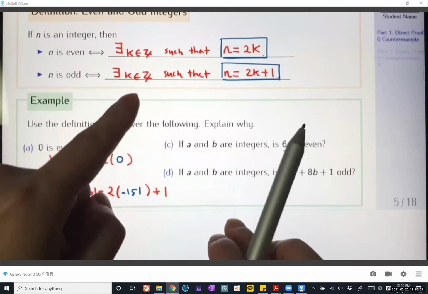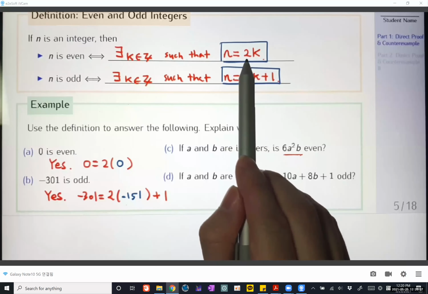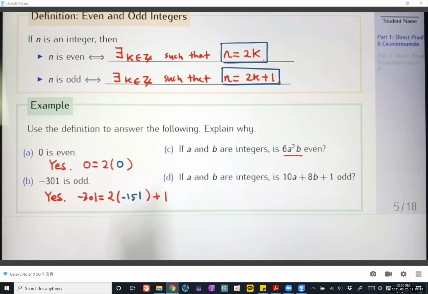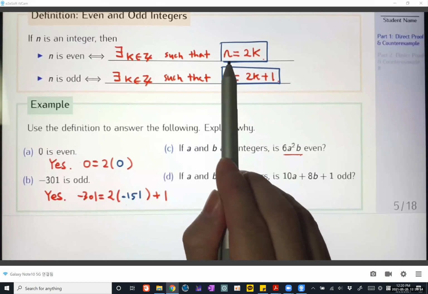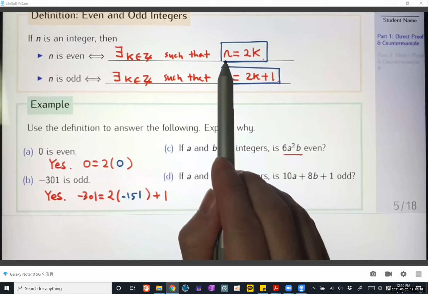Stick with the plan, everyone. The plan is, as long as you can represent a number as 2 times some integer, then you can call that number even. Do you guys agree? You can call that number even.